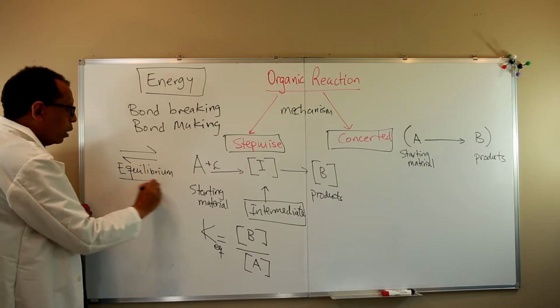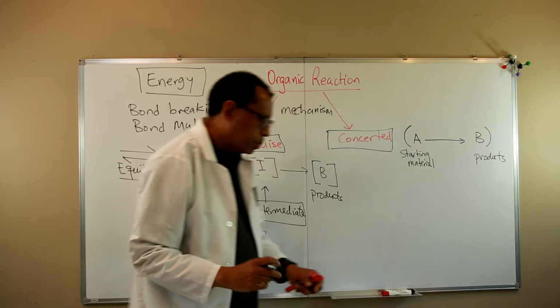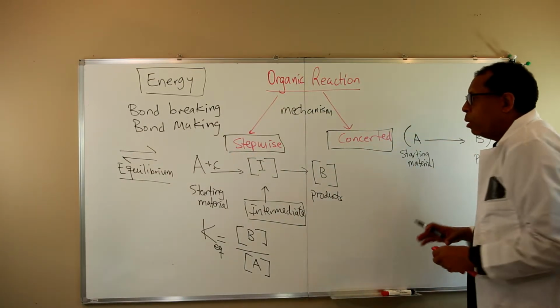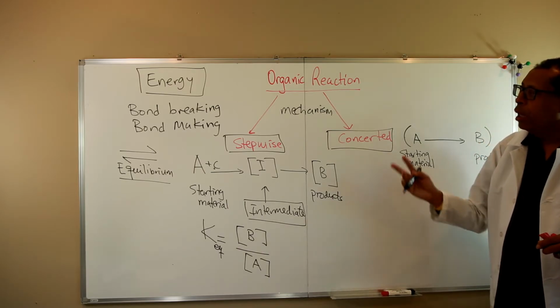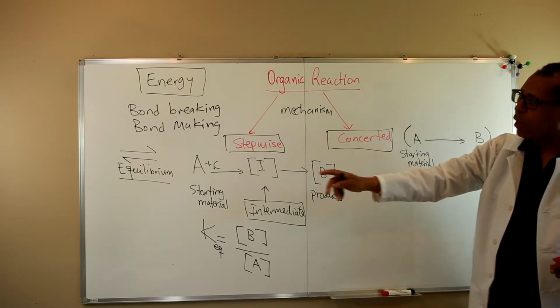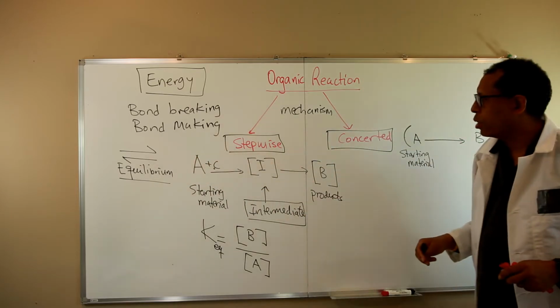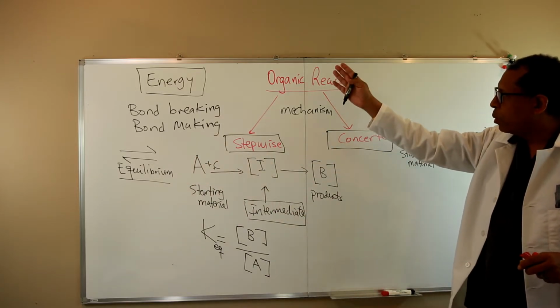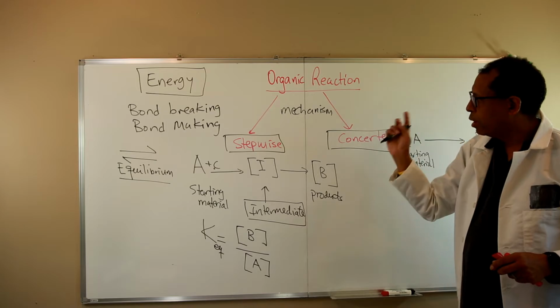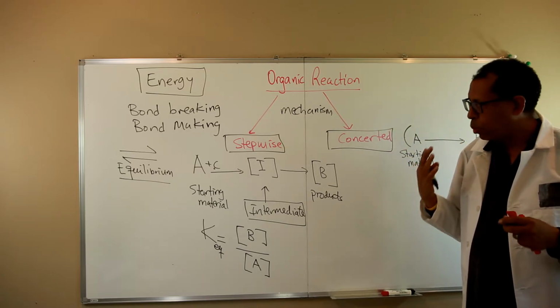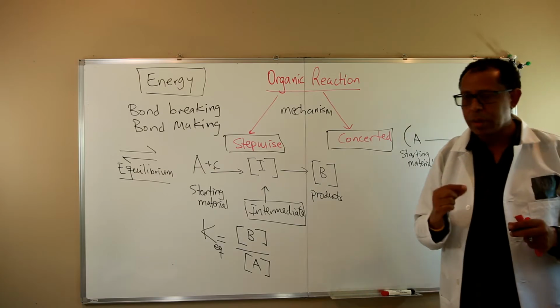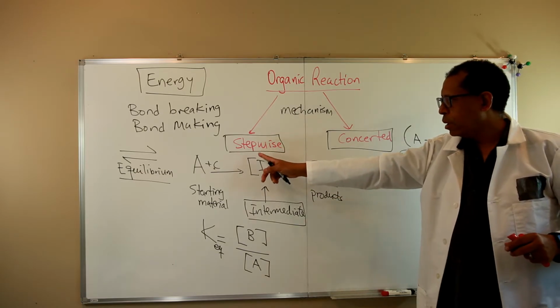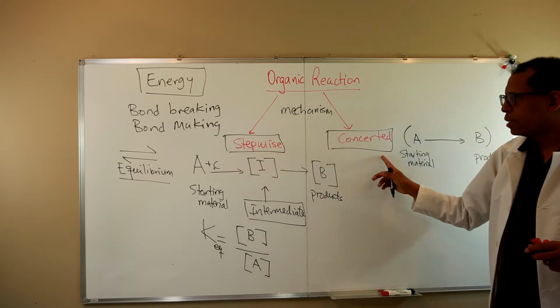A double arrow is an equilibrium. So we always have different arrows, so you need to be careful what arrows you are using in a reaction. So organic reactions have mechanisms. You should remember what kind of mechanism is involved in that particular type of reaction, whether it's stepwise or concerted.